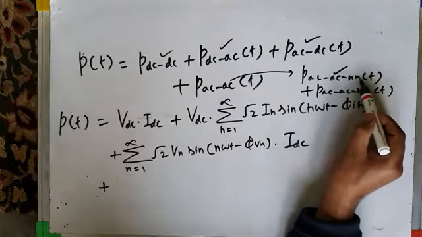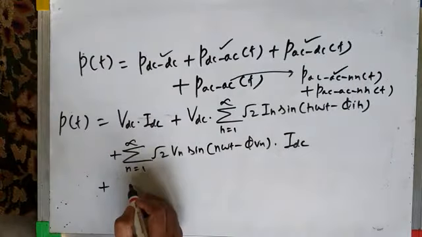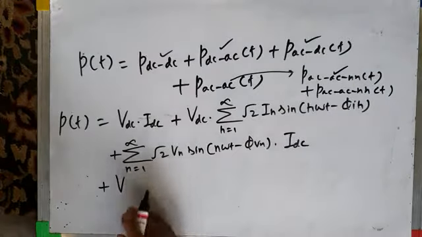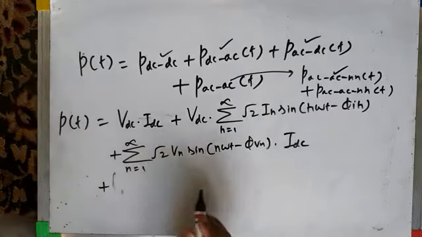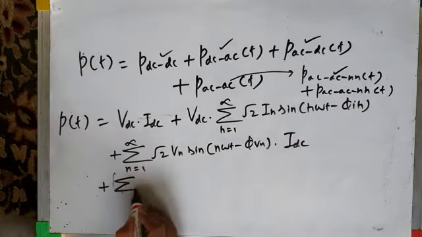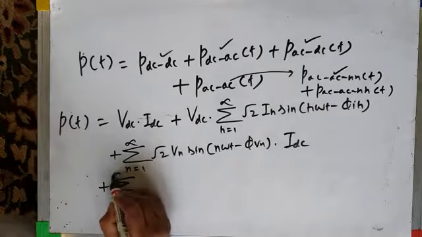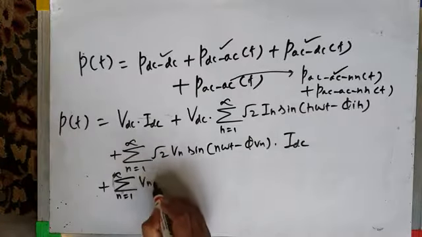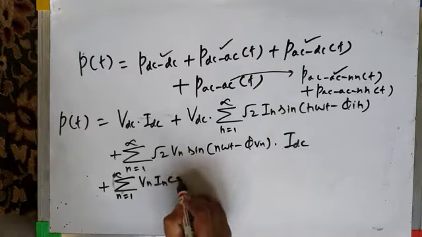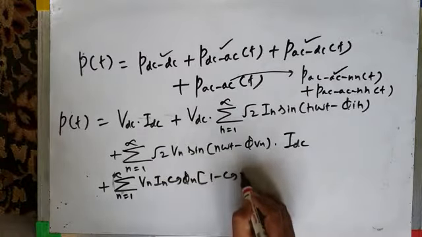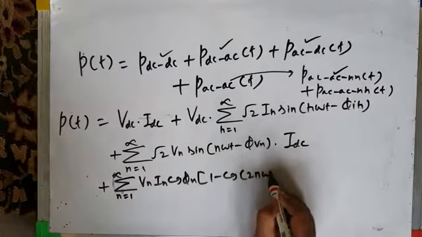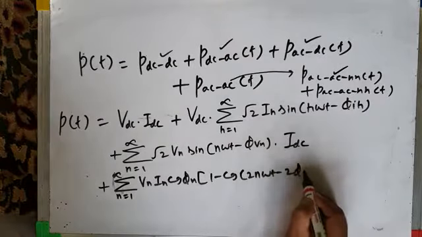Let us first of all write two terms of instantaneous AC power due to interaction of similar frequency components of voltage and current. And if you remember, that is given by summation n equal to 1 to infinity Vn In cos phi n times 1 minus cos of 2n omega t minus 2 phi Vn.